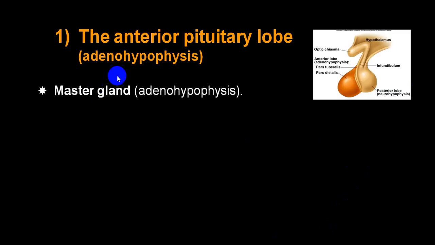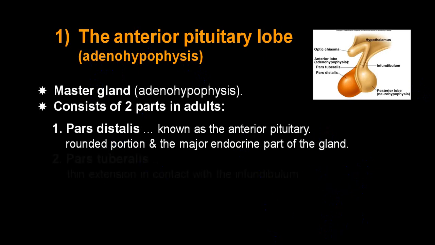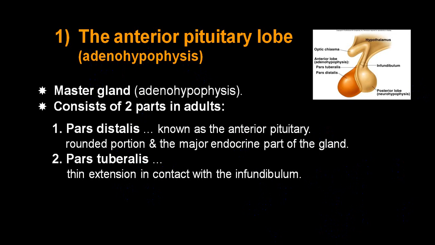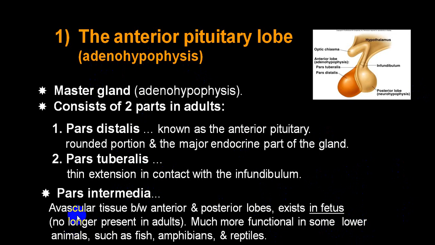The anterior pituitary, or adenohypophysis, is called the master gland. It consists of two parts, pars distalis and pars tuberalis, plus you should also include pars intermedia. Pars tuberalis is the portion in contact with the infundibulum, and this consists of endocrine tissue.